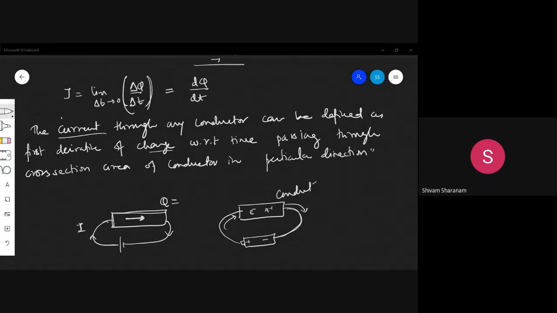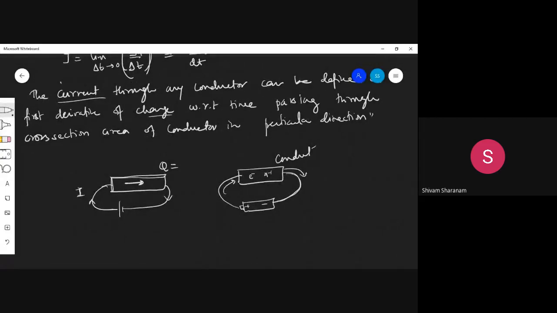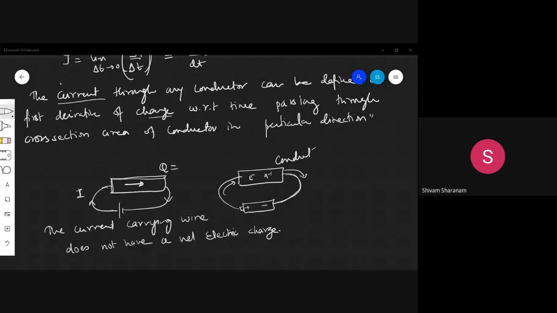So simply you can write: the current carrying wire does not have a net electric charge. It does not have any net electric charge. Okay.